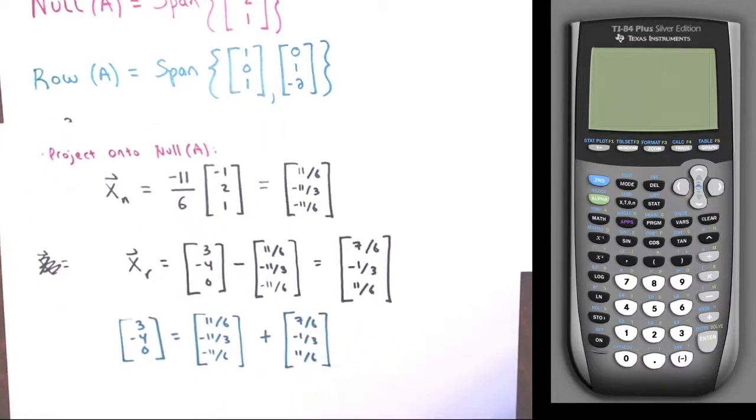All right, and this is a vector from the null space, and you can switch the order if you want, but this is that xn, a vector from the null space, and here was a vector from the row space, that xr.